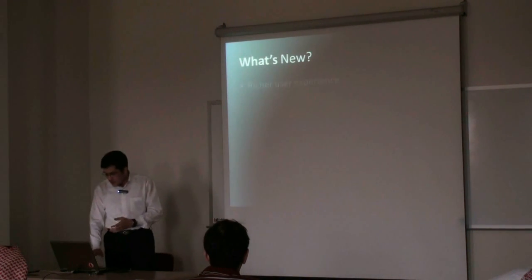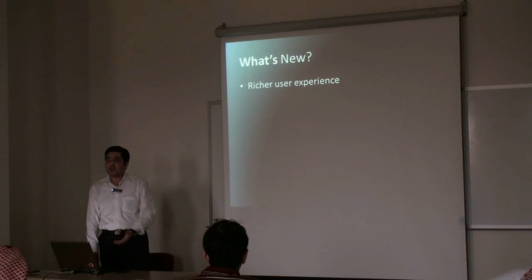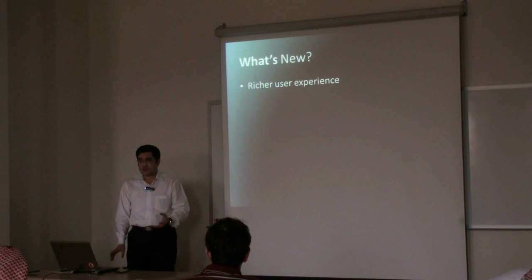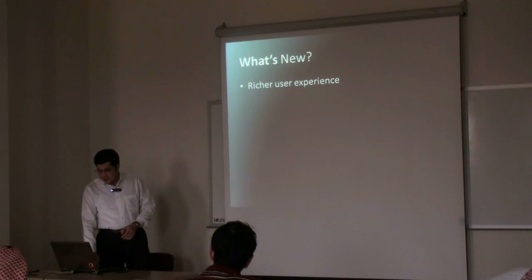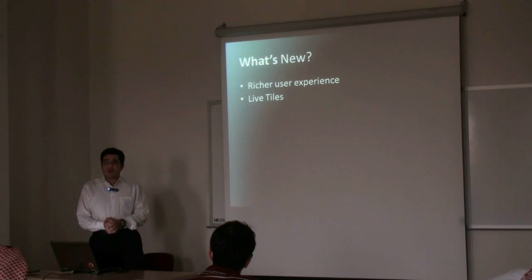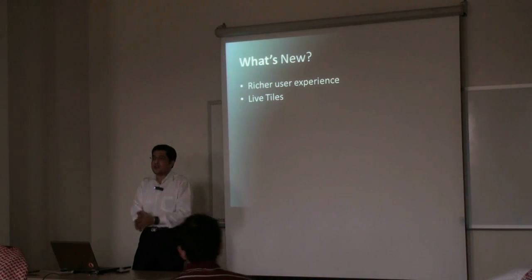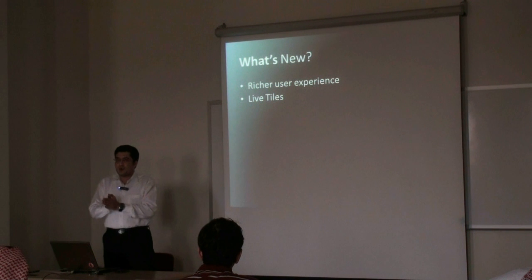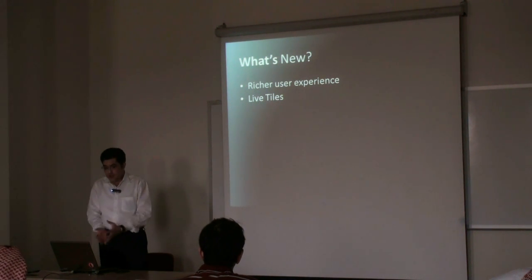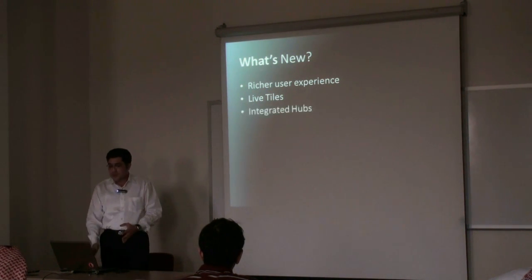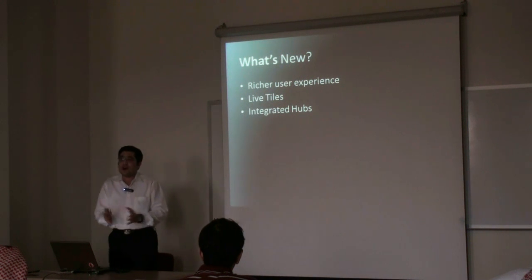So, what's new? You have the rich user experience, which I'm going to show you in a few moments. We're going to have a look at the Windows Phone 7 series. You have a new concept, which is called live tiles. The live tiles actually are your start screen. This is your home screen that you'll have everything in it, and I'm going to show it to you. You have something that's called integrated hubs.